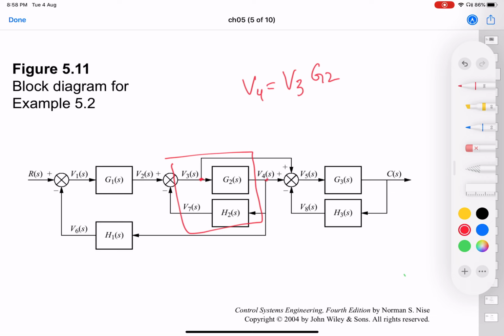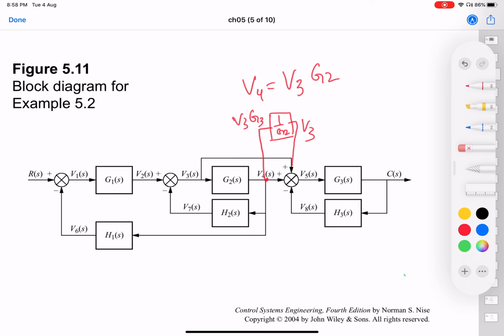So if you're picking up V4 instead of V3, then you'll have to divide it by G2. And this V3 G2 that you're picking up from here, you'll get V3 exactly if you divide it by G2. So this is what you're going to do.